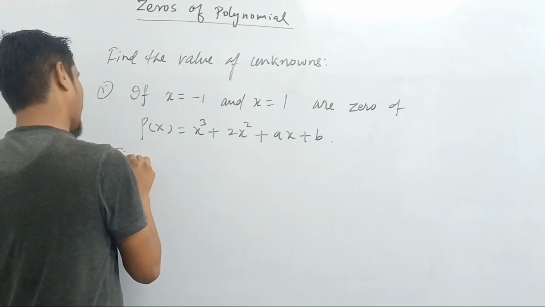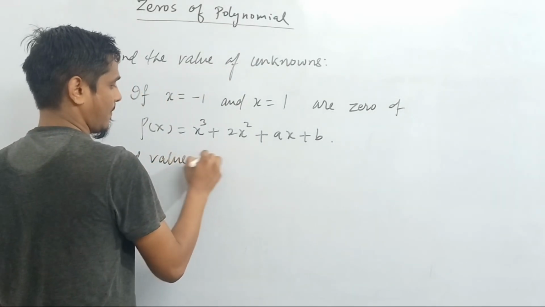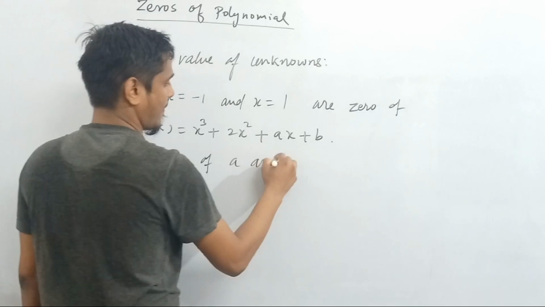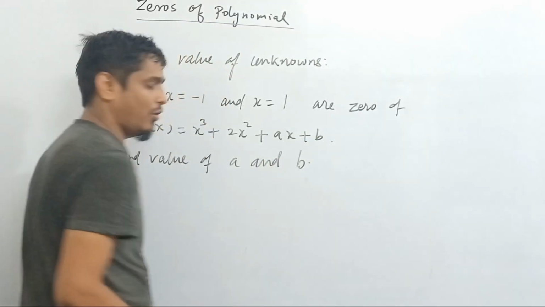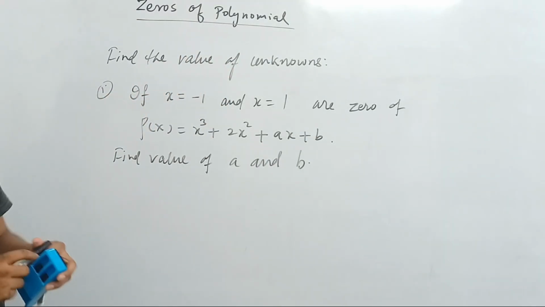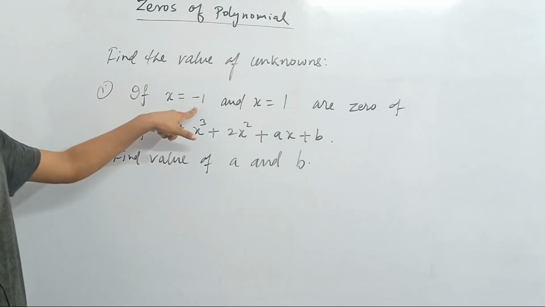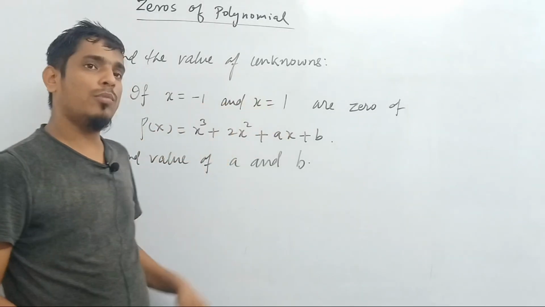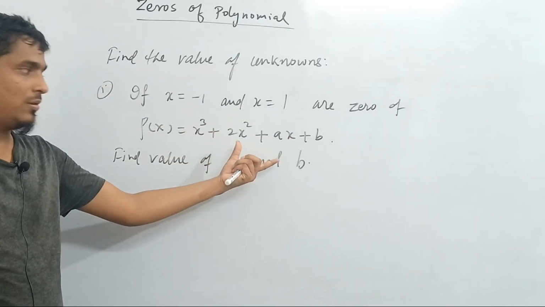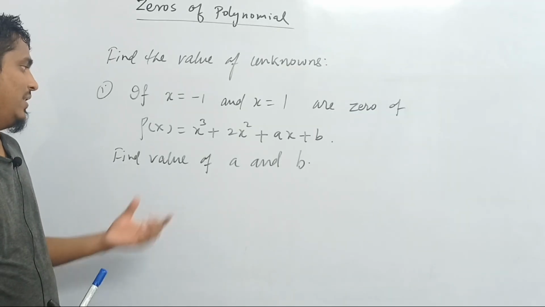Find the value of a and b. So we are given that x equal to minus 1 and x equal to 1 both are zeros of this polynomial, and we need to find the value of a and b.